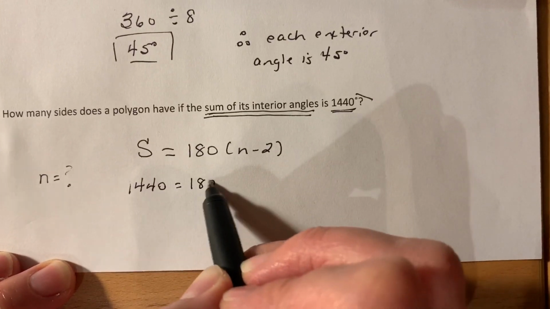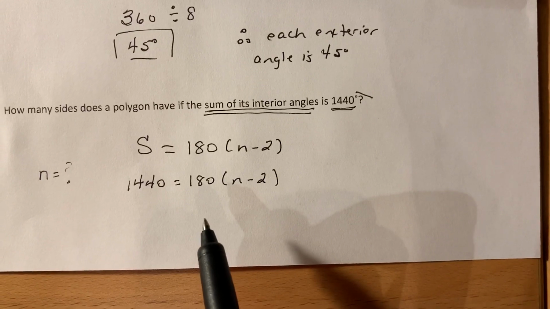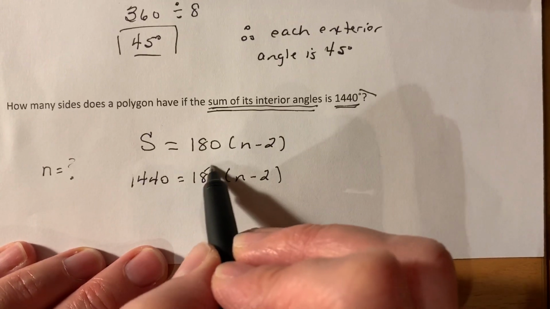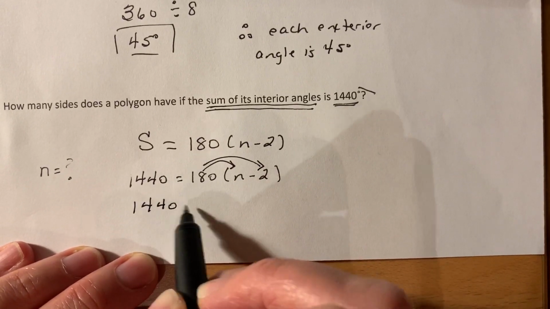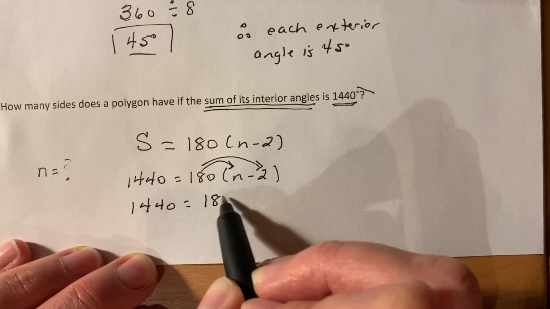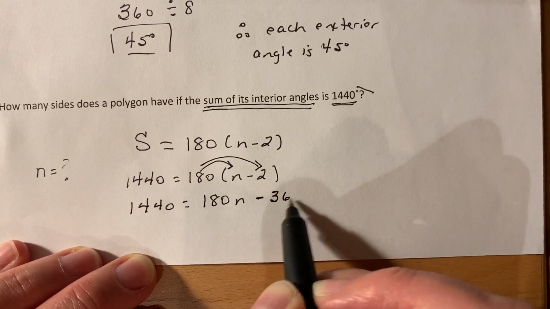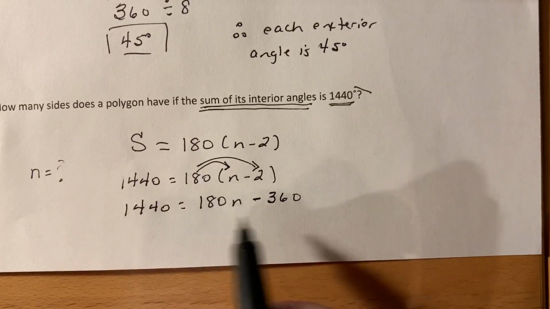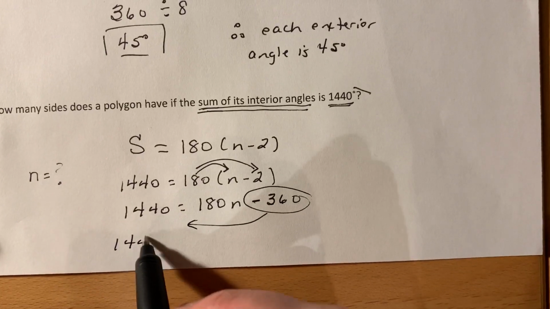Now I'm going to solve for n. This should look familiar because we did this in chapter 4 when we solved equations. Remember, when you have a bracket, make sure you multiply in first. So 1,440 equals 180n, 180 times -2 is -360. Now let's solve for n. We want this term by itself, so let's move this over. Remember, when you move things over, change the sign.